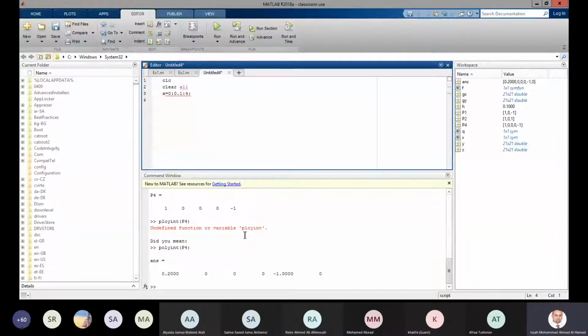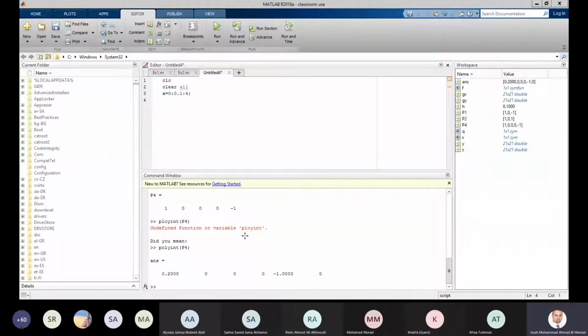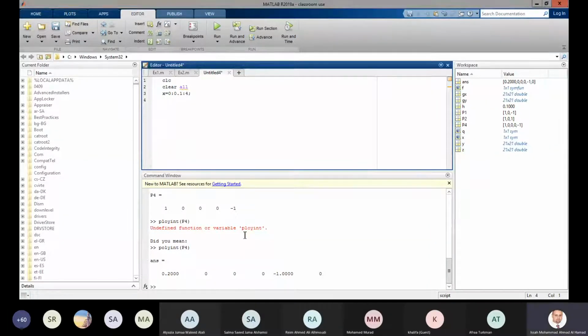It's up to you now. This is an example. Now, I can say, for example, I need to find the numerical integration for y equals x squared minus 1. So this is my function, x squared minus 1, correct.